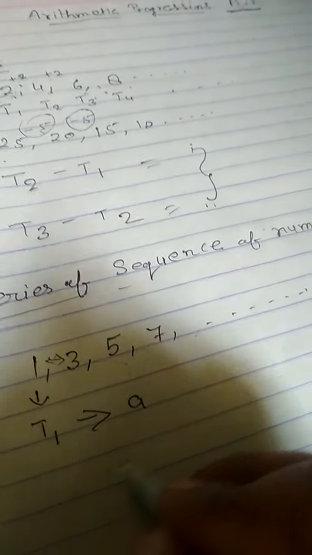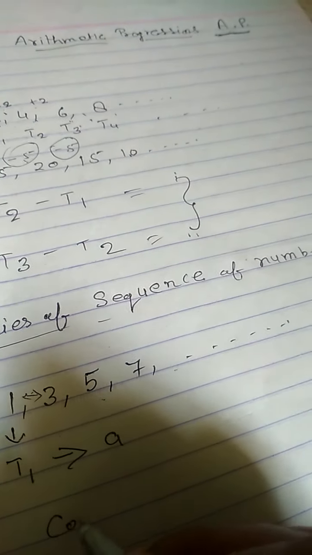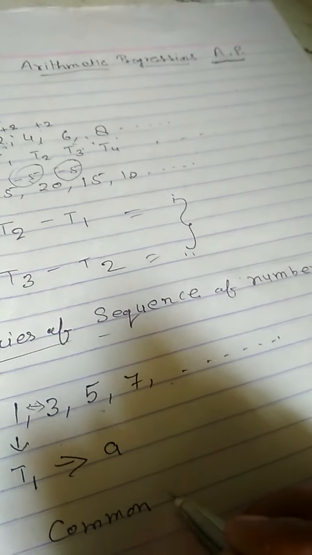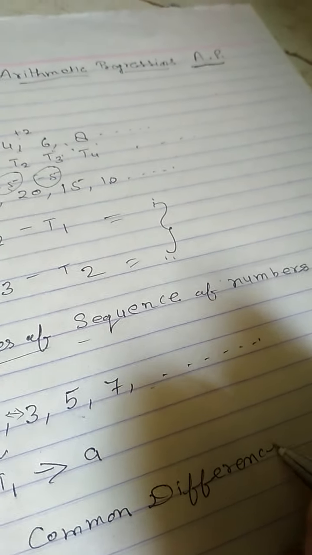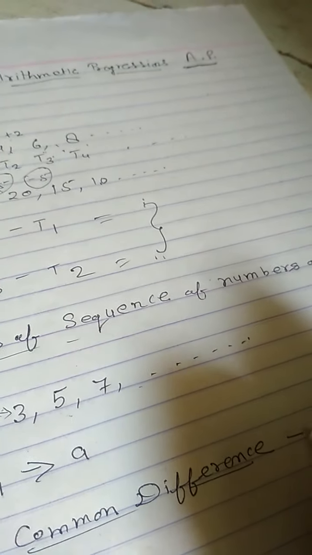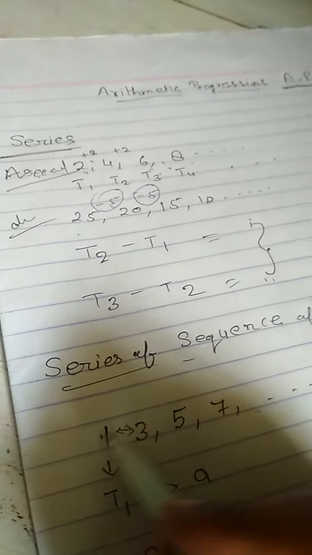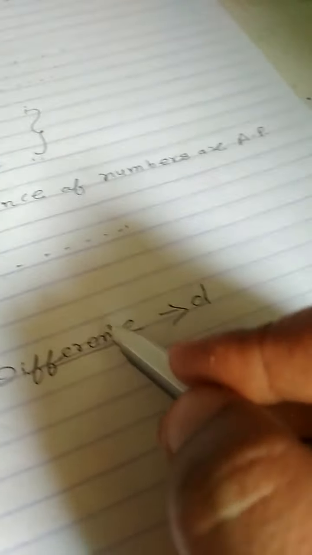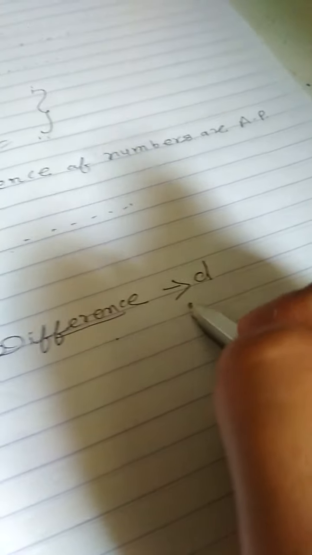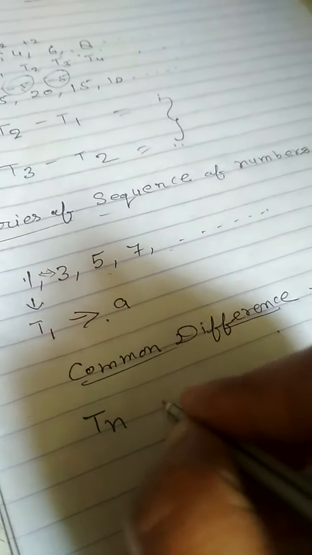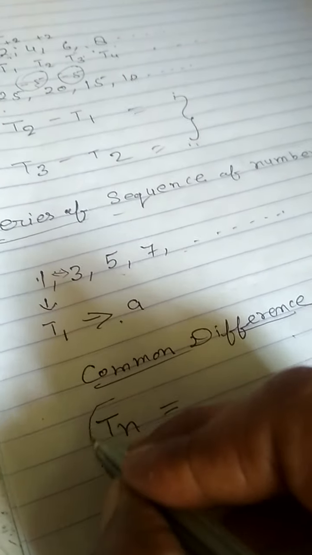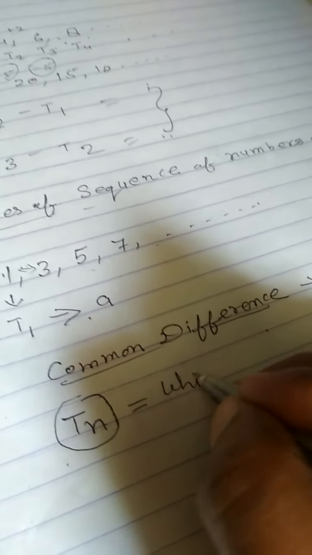The common difference is denoted by D. First term denoted by A, common difference denoted by D, and Tn is the nth term, which we find out.